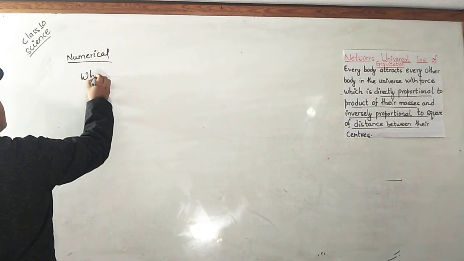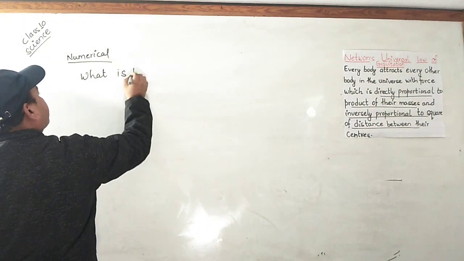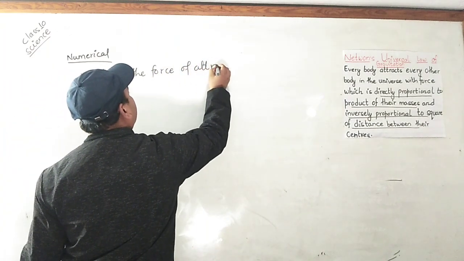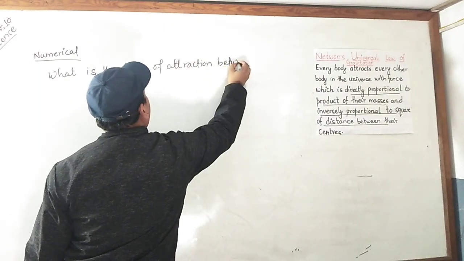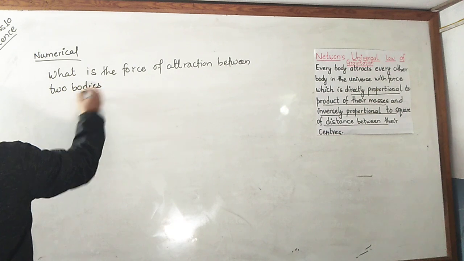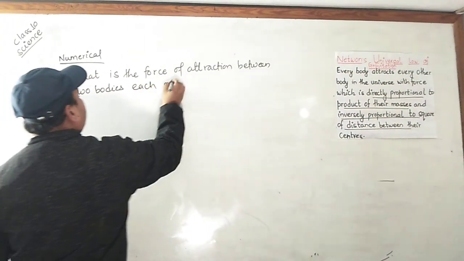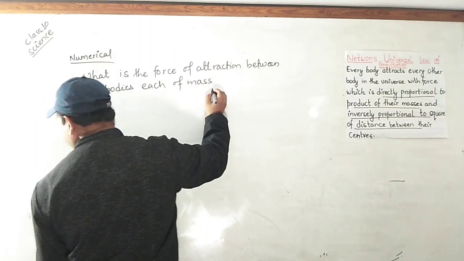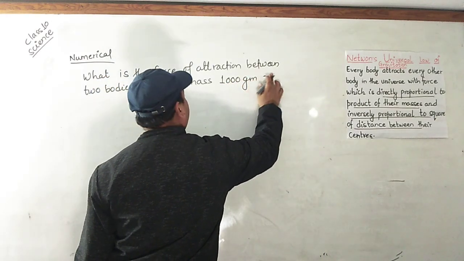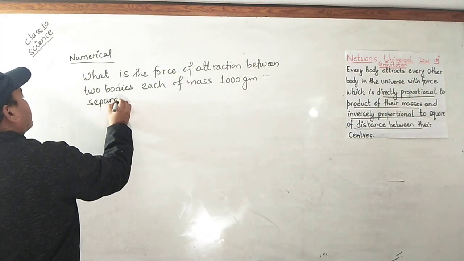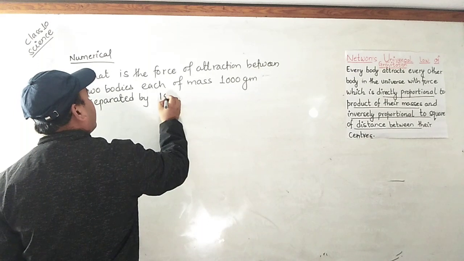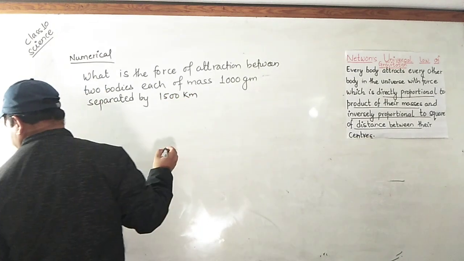What is the force of attraction between two bodies of mass 1000 gram separated by 1500 kilometer distance?